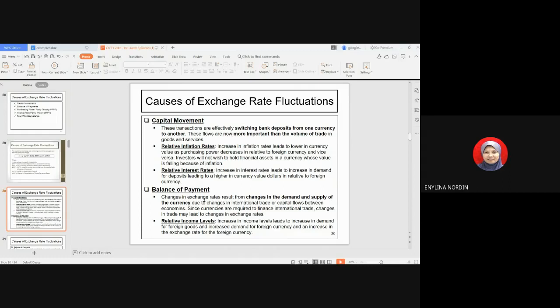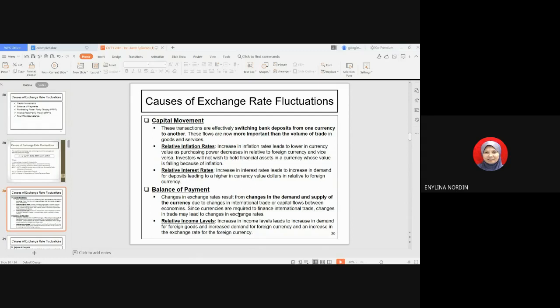For the interest rate, we can relate it to the exchange rate. An increase in the interest rate can cause the country's currency to appreciate. Why is that? This is because when the interest rate is higher, it provides higher returns to the lenders, or a higher rate of return to the investors.